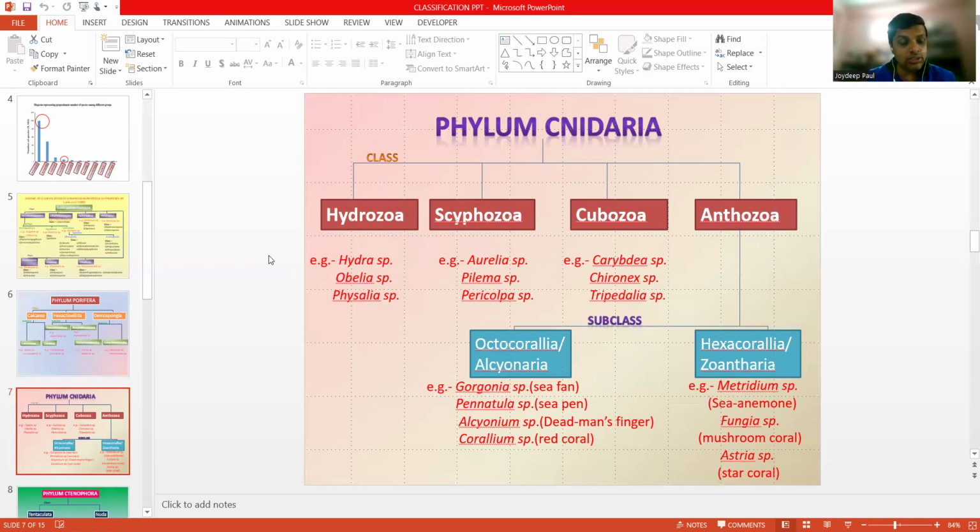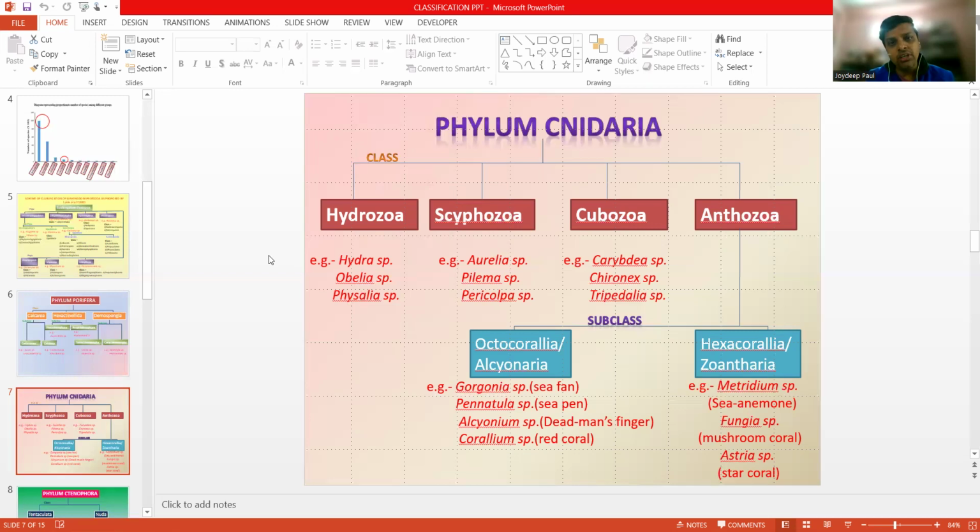The body wall consists of two cellular layers, outer ectoderm and inner endoderm, and that is why it is categorized as a diploblastic animal. The phylum Nidaria contains about 10,000 described species, of which the most well known is Aurelia species or jellyfish, and also the corals on the seabed.